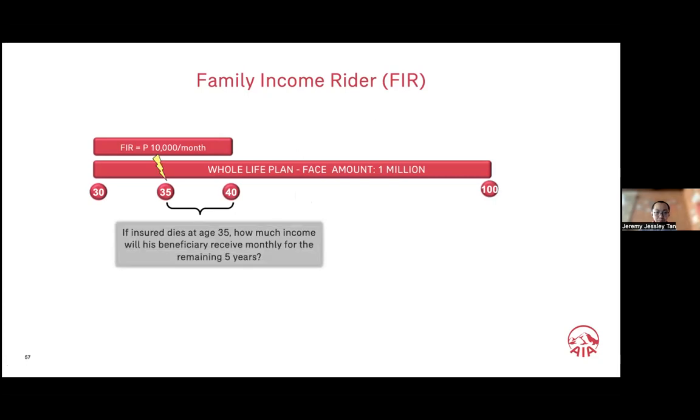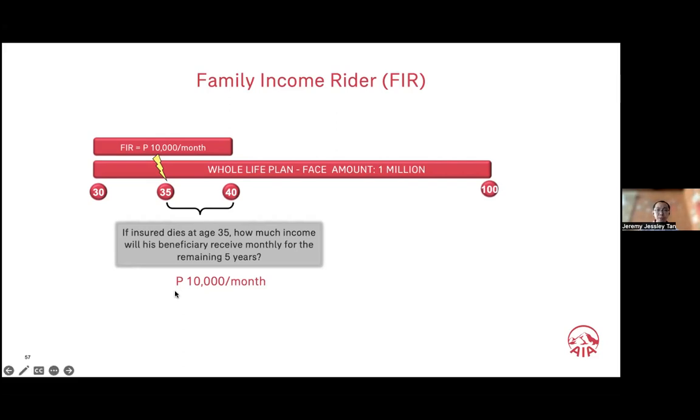If the insured dies at age 35, then between 35 to 40, the beneficiary will receive a monthly income of 10,000 per month. Okay, so that's the family income rider. That's its purpose. This is not while the insured is alive, but more for when the insured dies: on top of the basic life plan, the family still gets 10,000 per month of income.